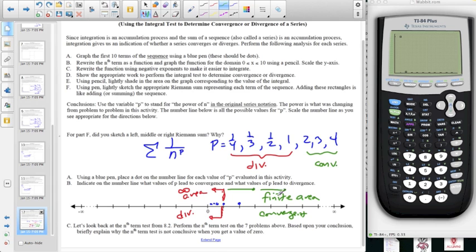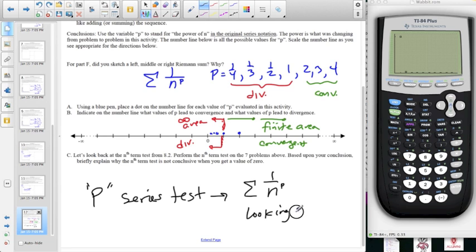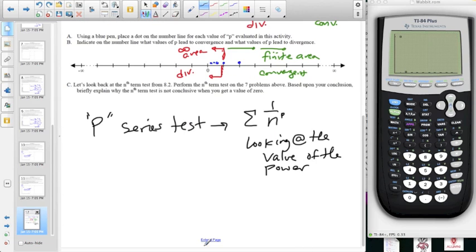And so with these findings then, we can see this pattern start to emerge. And this pattern is what's known as the P-series test. And the P-series test is literally taking a series that has the form of 1 over n to a power and just looking at the value of the power to make a determination as to whether or not the series converges or diverges.